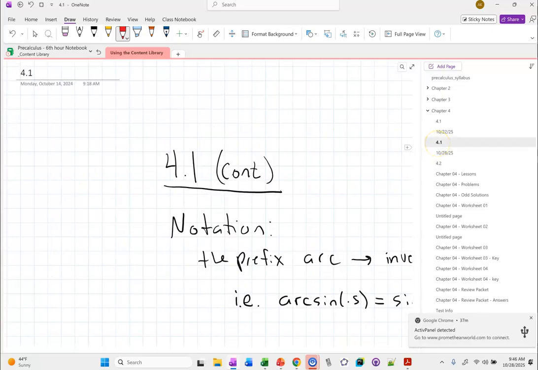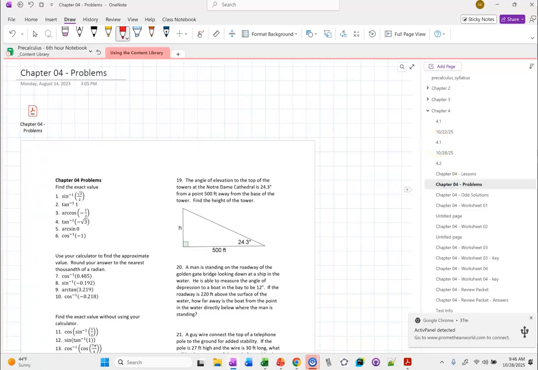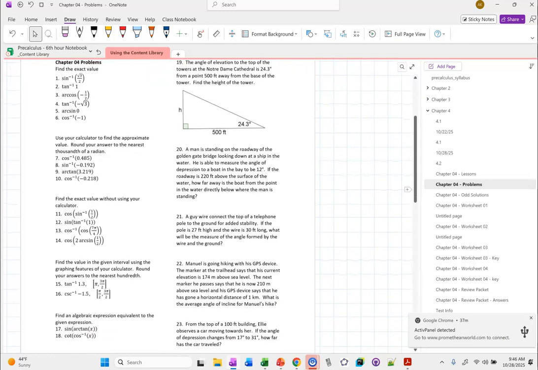Today, what I'm going to assign for you guys is 1 through 18 from the book problems. Now, 1 through 6, we already know how to do, right? We're just going to use our unit circle and the fundamental range for our inverse functions and find the angle, right?